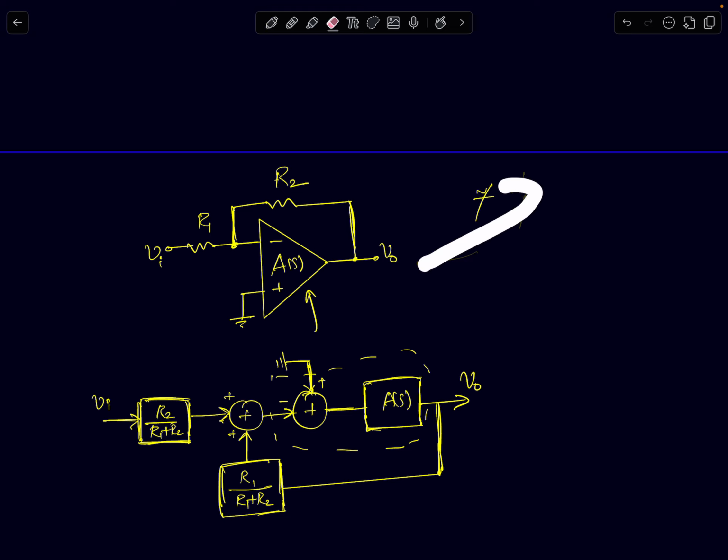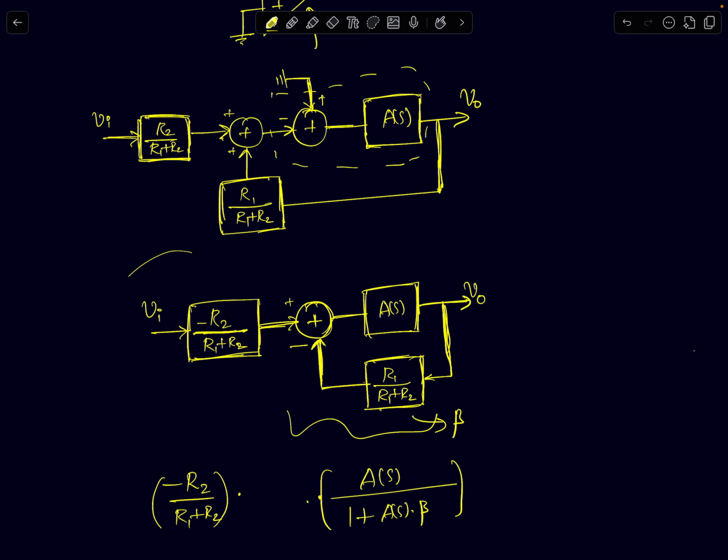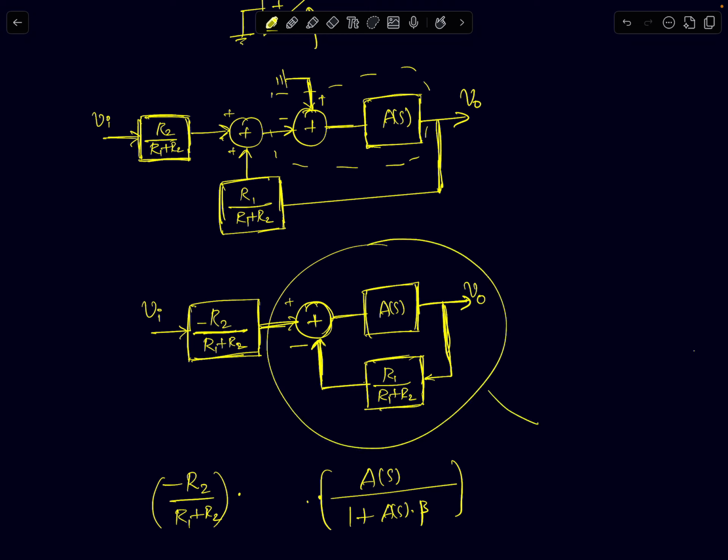I have already discussed the mathematical model for this, and I request you to watch that video. I'm going to directly draw the final model here. You can reduce an inverting amplifier to this. This part is just a closed loop system, an op-amp in feedback, which can be modeled as a closed loop control model, and there is an additional forward path gain, which is dependent on the resistor R2 and so on.